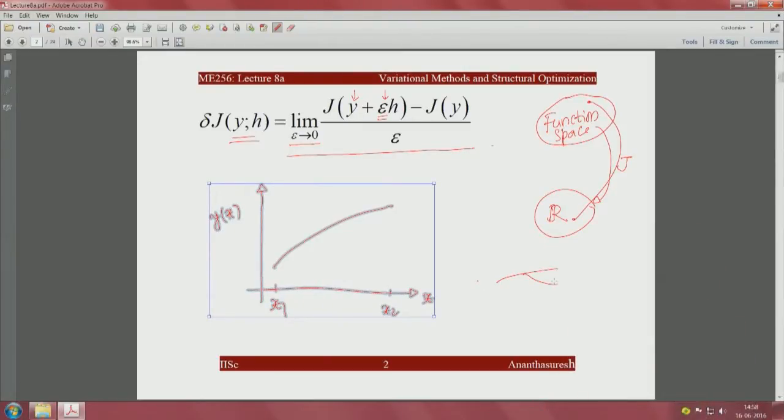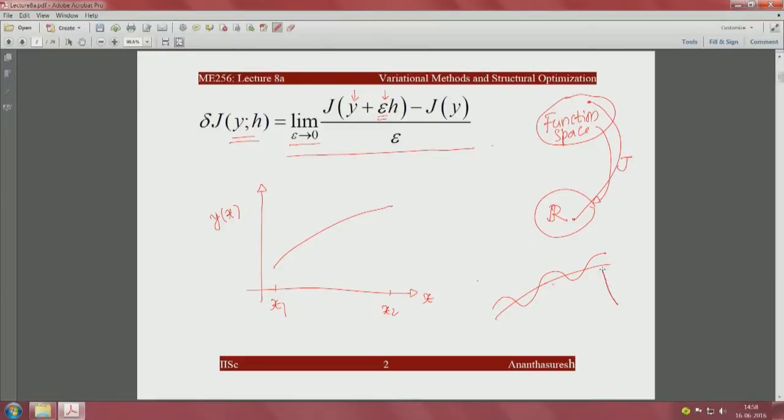So, this h of x that we have, if I add over it, let us say I have a function like this, my h will be like a perturbation over it, right. That is h, but then I am putting a small value epsilon, dividing by it and making that epsilon tend to 0.